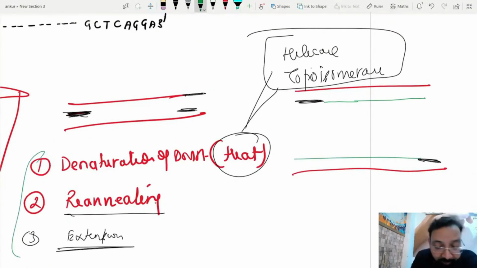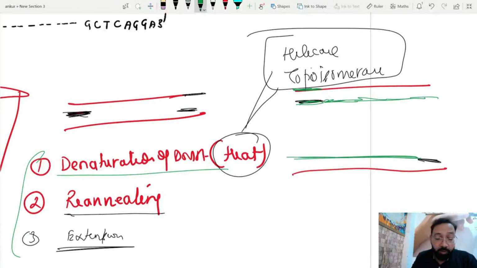So these three steps are there in PCR, and DNA is synthesized. In denaturation, we heat it, the two strands are separated, and the function of helicase and topoisomerase is taken care of. After that, for primase, we don't want to put primase in the test tube, since we can't determine the sequence of enzymes. That's why we took two types of preformed primers, one for each strand, and when we decrease the temperature, primers attach to them. Then in extension, Taq polymerase comes and extends these primers and DNA synthesis occurs.